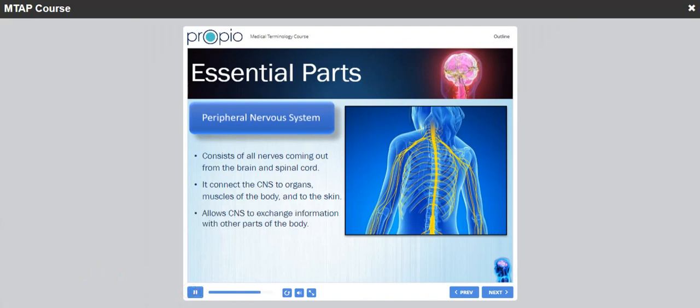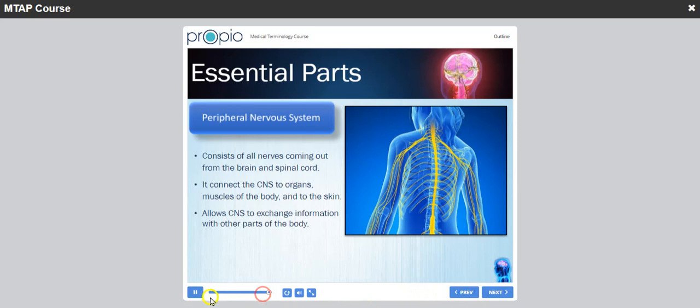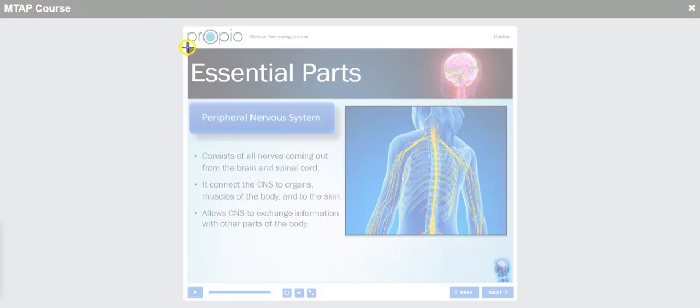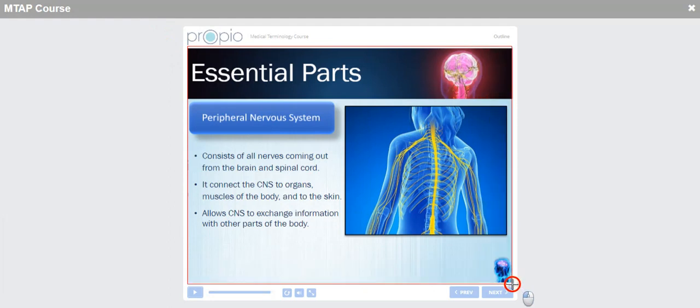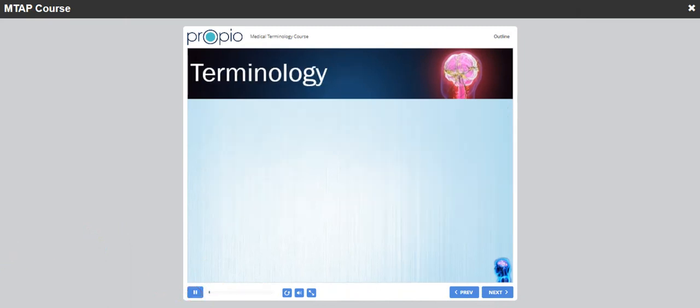Let's look at some sample terminology. Cerebral. It's pertaining to the cerebral cortex or gray matter. Encephalopathy.